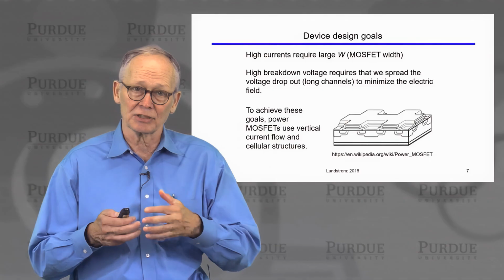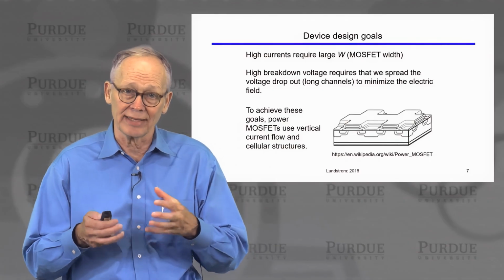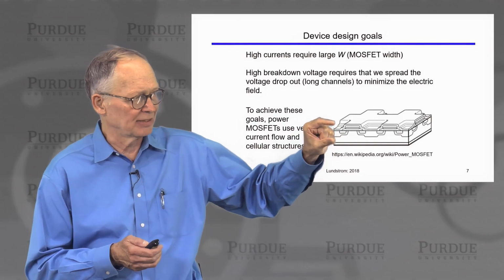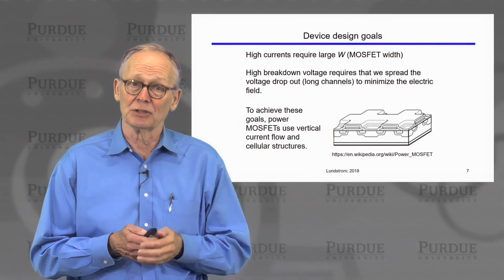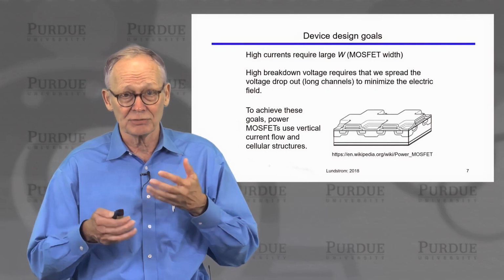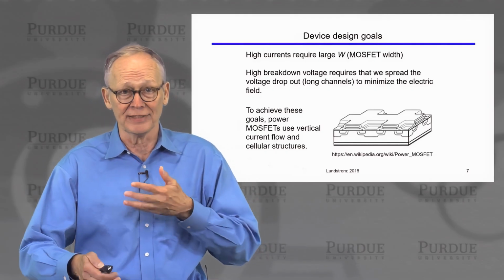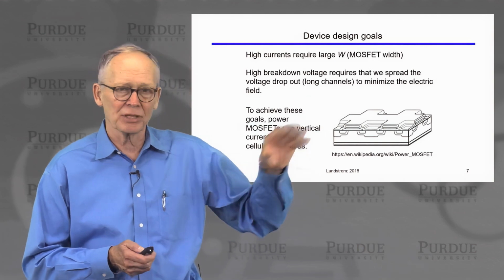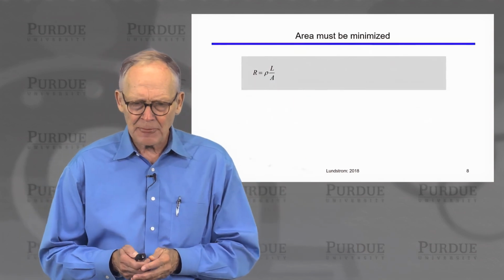So they use a cellular structure to pack a lot of width in a given area. This particular sketch is not really drawn to scale. The vertical dimension is very large to spread the voltage drop out across a large distance to lower the electric fields and increase the breakdown field. So much different structures that we use.